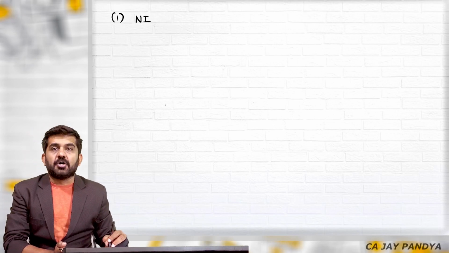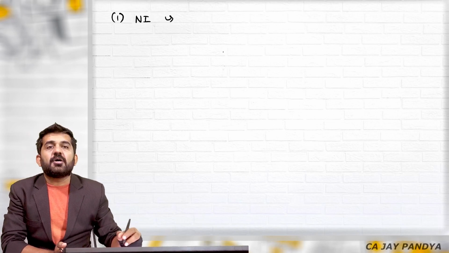After that, we understood some of the capital structure theories. What is a capital structure theory? They are given by some experts on what capital structure decisions you should be taking, and in what manner. First was the net income approach.